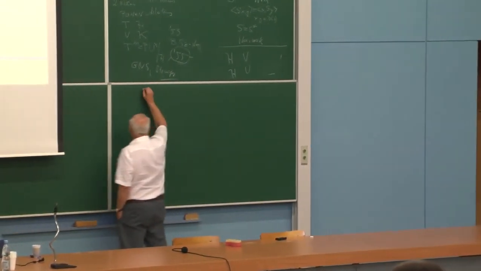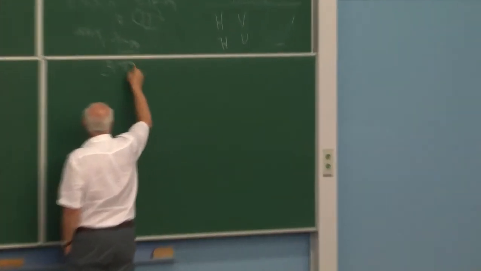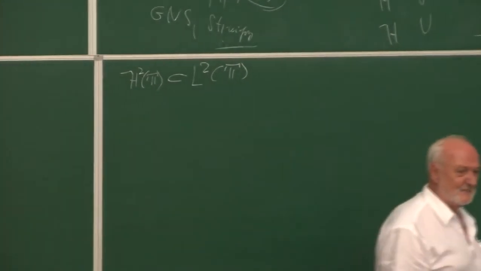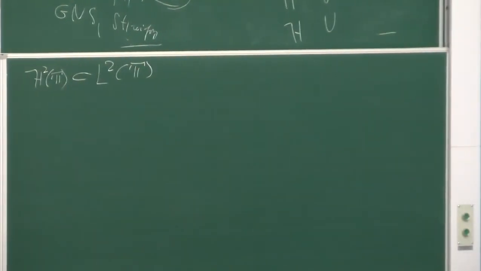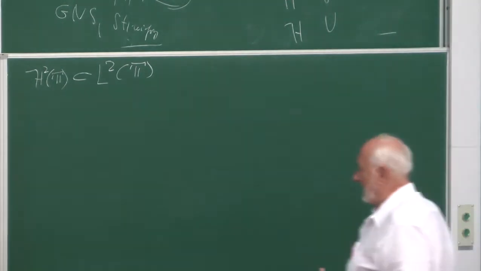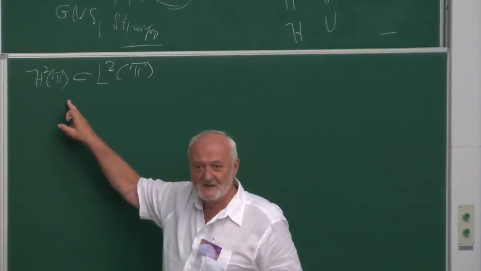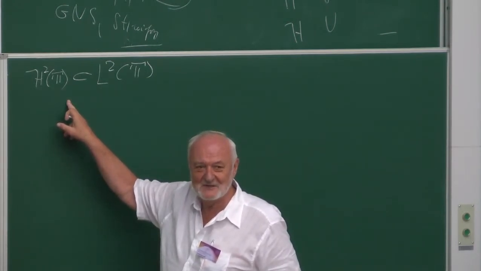We have the L2 space on the circle, and we have something which is called the Hardy space on the circle, which is nothing else but the analytic part. And we have multiplication by the independent variable, because the independent variable is the simplest analytic function.